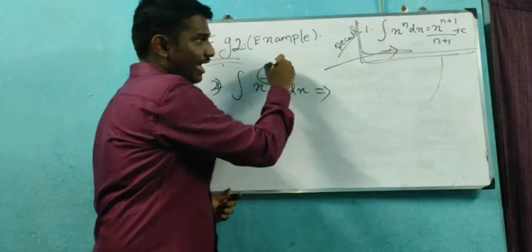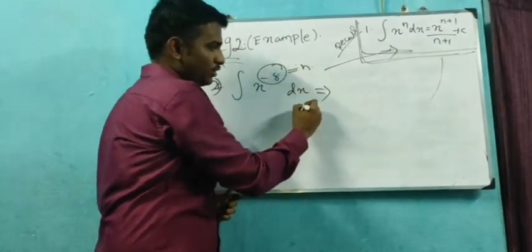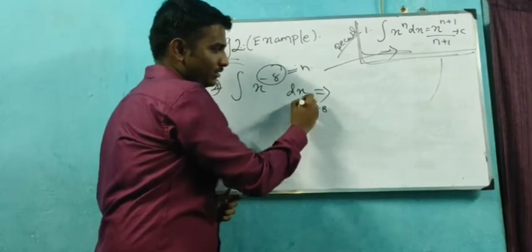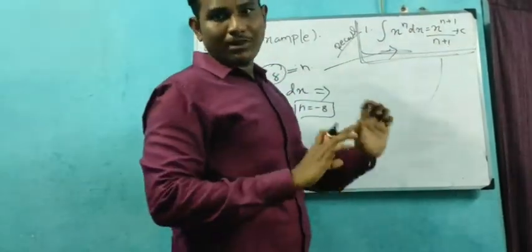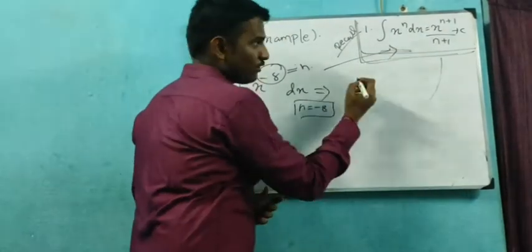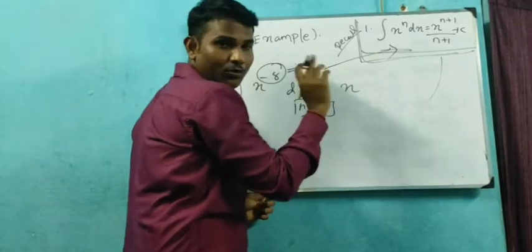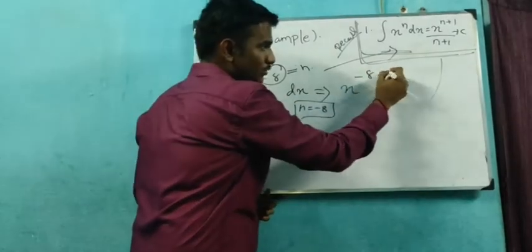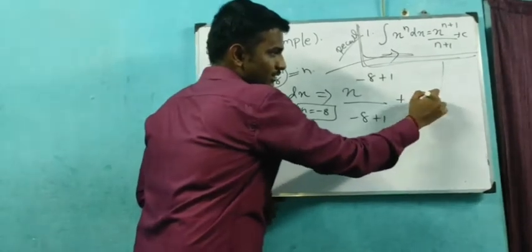In the place of n, I have minus 8, so n is equal to minus 8. In this formula I have to substitute minus 8 for n. So it is x to the power minus 8 plus 1 by minus 8 plus 1 plus c.